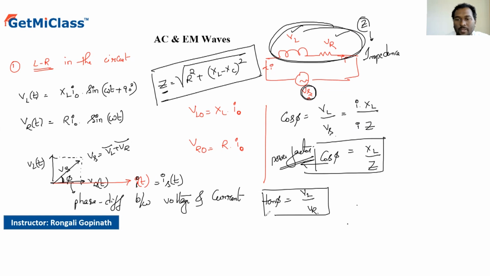Let me clear off this page. So we have this as VL, and let's suppose we have VC as well, this as VC. VL is nothing but I naught into XL, VC is nothing but I naught into XC, and this is nothing but I naught into R. If I remove the I naught values, I have one more phasor which represents only the impedance of the circuit.